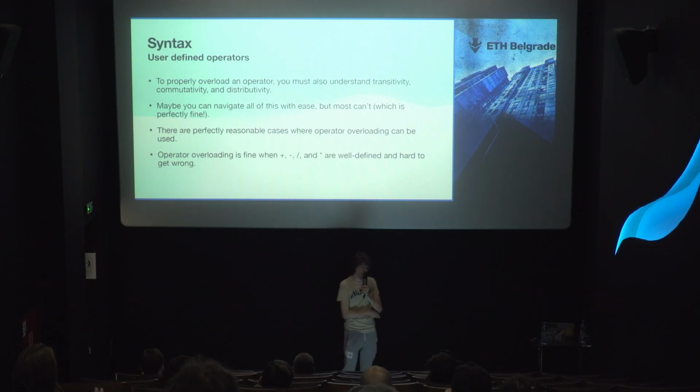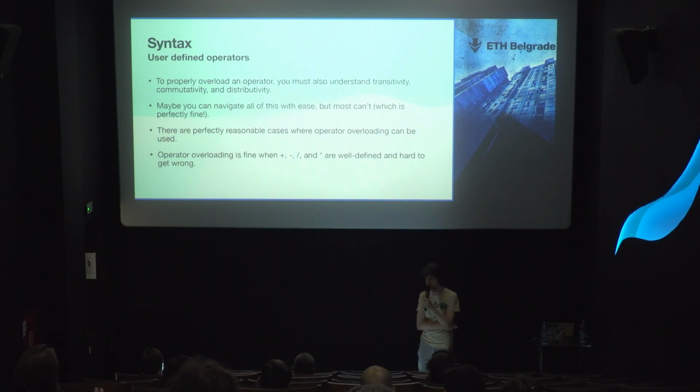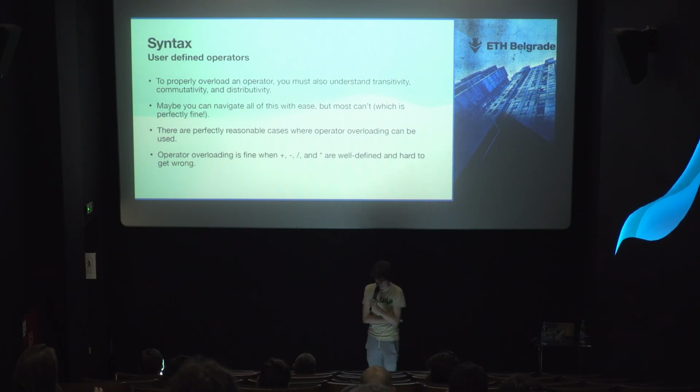Maybe you do know how all of this works, but lots of people don't. I certainly don't. But there are some cases where they do have legitimate use cases, like custom decimal types, where multiplication, subtraction, and all these kinds of stuff are hard to get wrong.